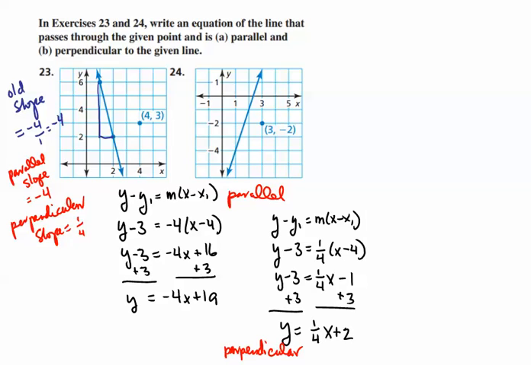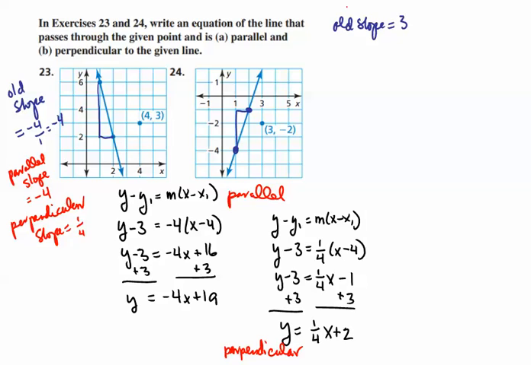For B, this time we are not given any points on there, so we have to find our own points. That looks like a good point there. That looks like a good point there. And so we're going to go up 3, right 1. So we'll say that our old slope is 3.